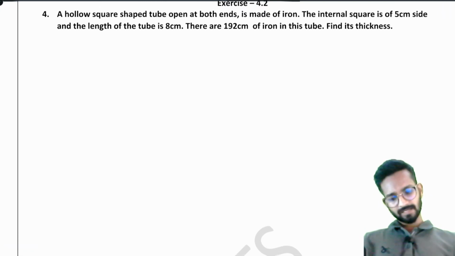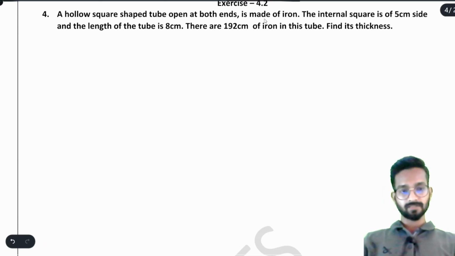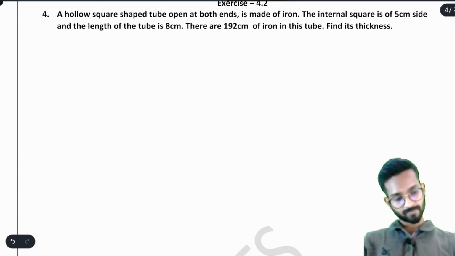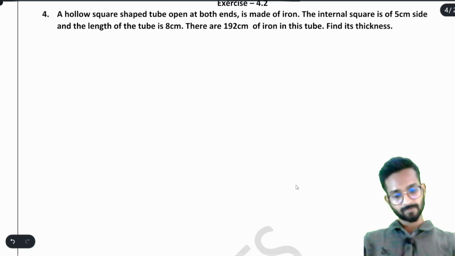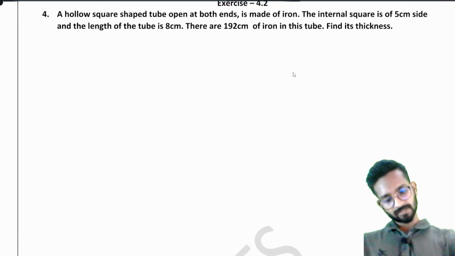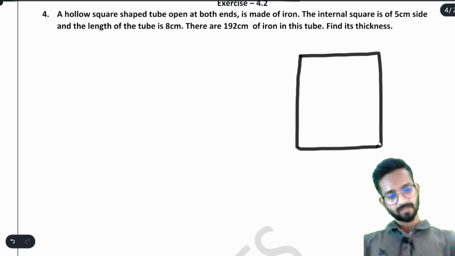C. Understand the question. A hollow square shaped tube open at both ends is made of iron. See, how is the figure? Understand this. The figure is something like this. It is a hollow square shaped, so you can say square shaped. It's a square.